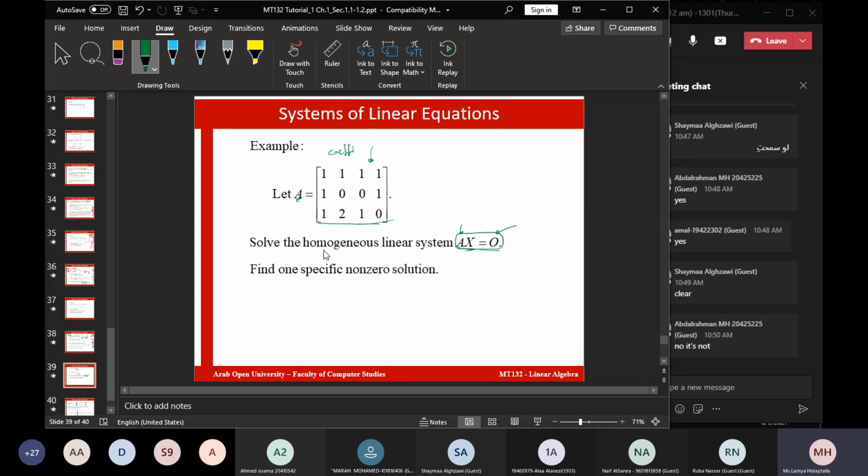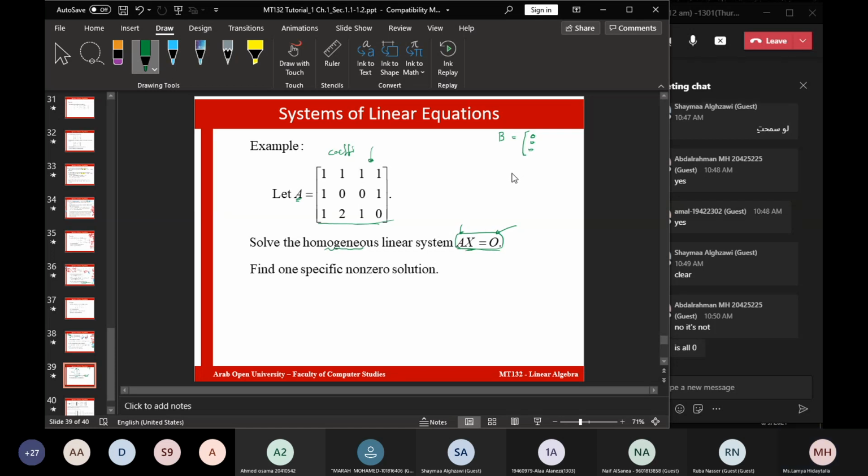But he told me the system is homogeneous, which means the part for the vector B will be all zeros. So now I can write my augmented matrix: here 0, here 0, here 0, like that. Then we start reducing to echelon form.